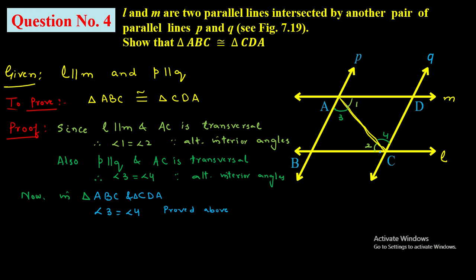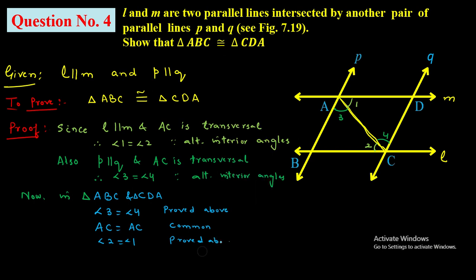Similarly, AC is common in both. So AC is equal to AC, which is common in both the triangles, and also angle 2 is equal to angle 1, and we also proved it above.